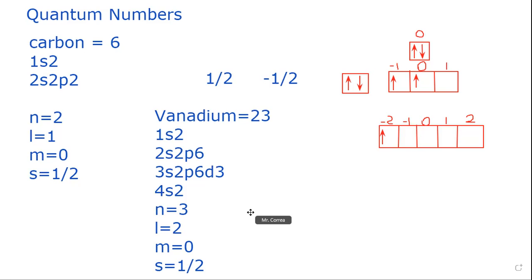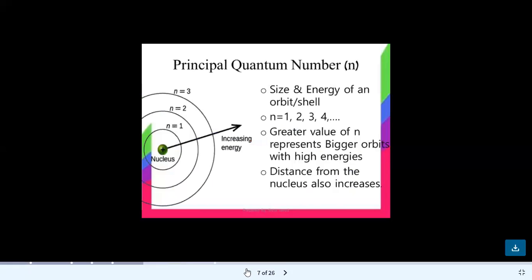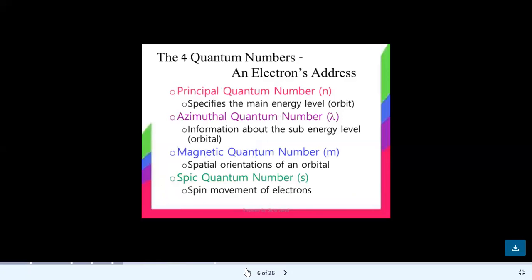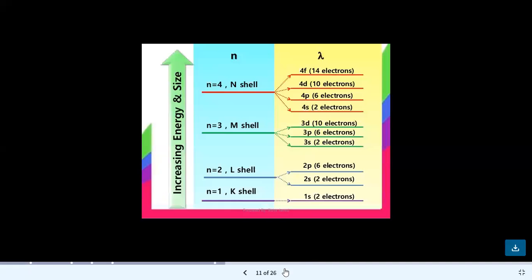Anybody? Excuse me, Mr. Correa. Yes. Could you go back to the presentation? I wanted to get the definition of the quantum numbers. The page with the definition of the quantum numbers. I didn't get the chance to get those. Actually, this is not the definition of it. This is just giving you the 4 of them. The definition is all the way to the end. Let me see if I find it here.